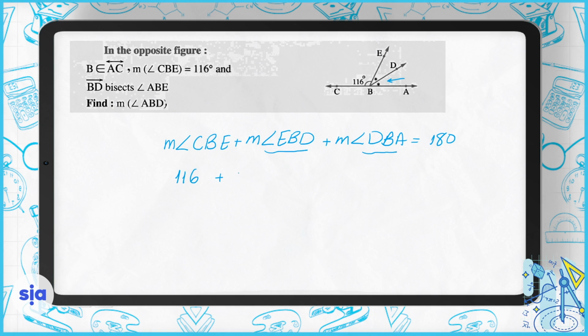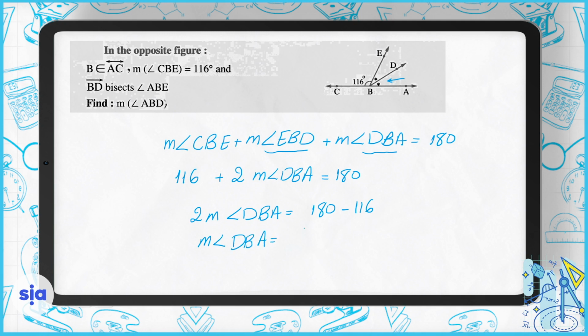So it's as if we're saying 2 times the measure of angle DBA equals 180 minus 116. Then 2 times the measure of angle DBA is 64, divided by 2. So the measure of angle ABD, or DBA, they are the same, is equal to 32 degrees.